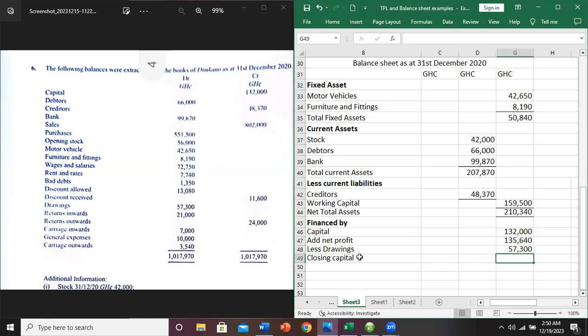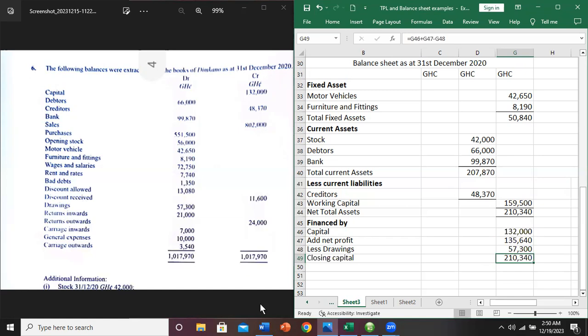So let's do that calculation and see. It's equal to the capital plus, because we are adding the net profit, minus the drawings. So we have 210,340. Don't be quick to finish. Check the format.